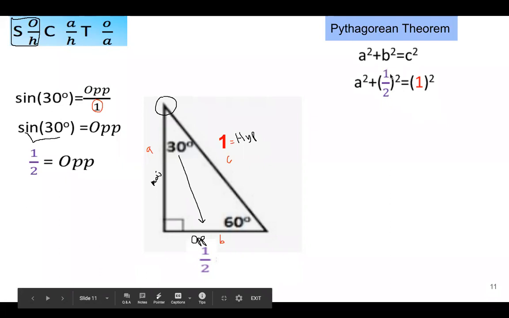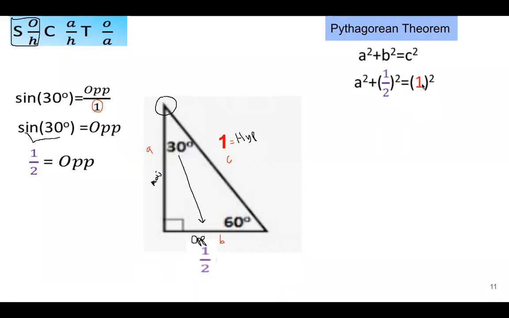Okay, now let's go ahead and simplify this. 1 squared means 1 times 1. This is 1/2 squared, which means 1/2 times 1/2. If we do that correctly, you should get that a squared plus 1/4 is equal to 1. So 1 times 1 is 1, and 1/2 times 1/2 is actually 1/4.